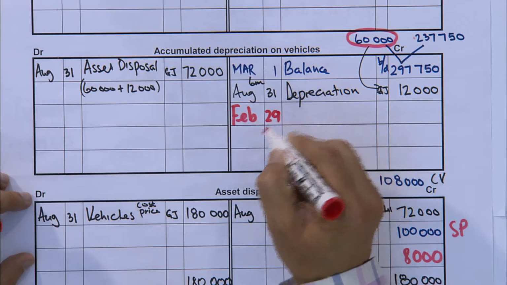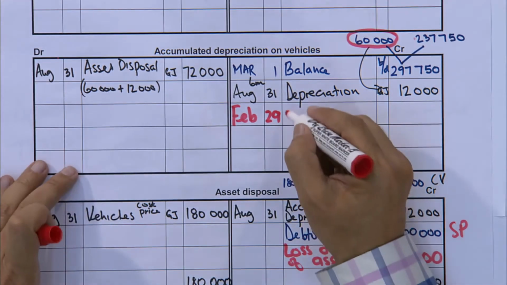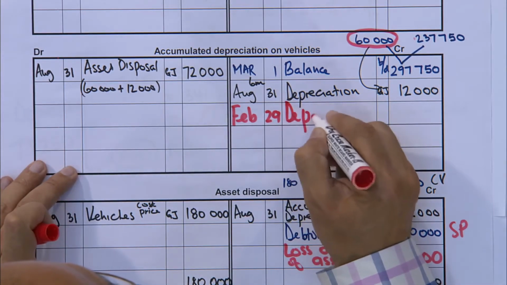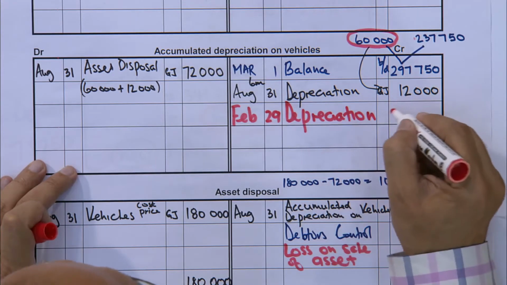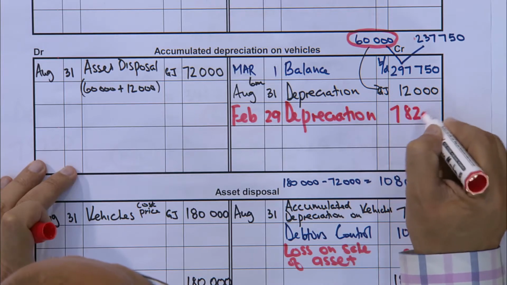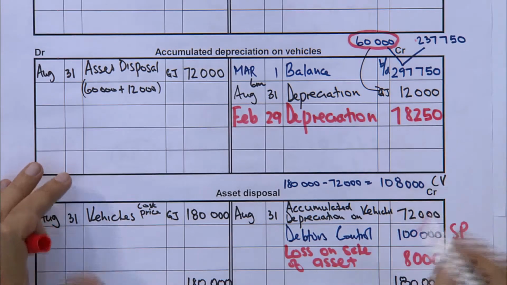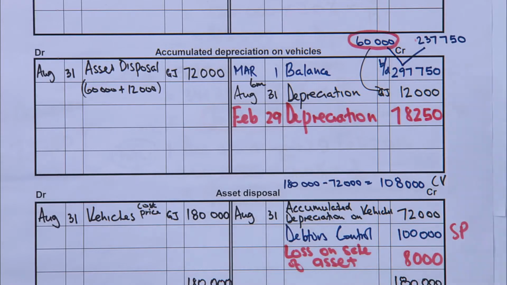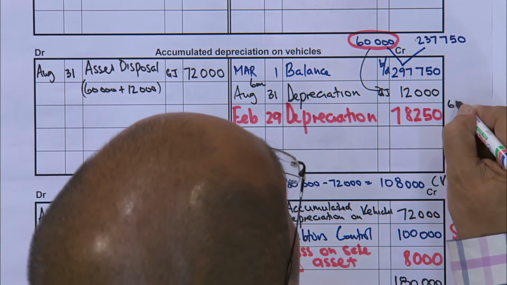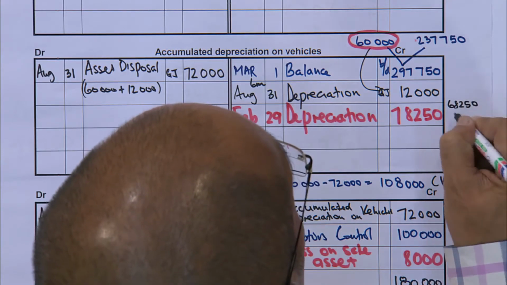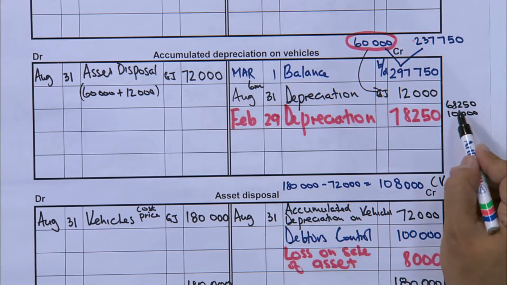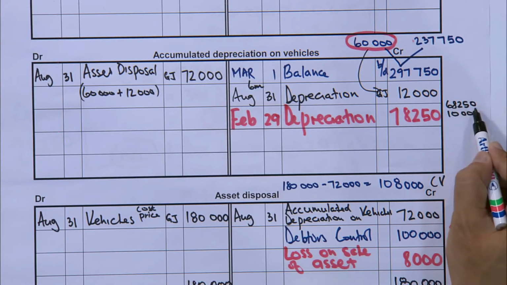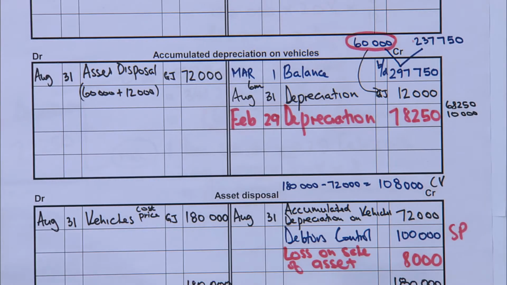In this case it is, so it will be February the 29th, and it will be depreciation 78,250, which consists of, first of all, the 68,250 and the 10,000. So you'll have the old vehicles' depreciation and the new vehicles' depreciation.